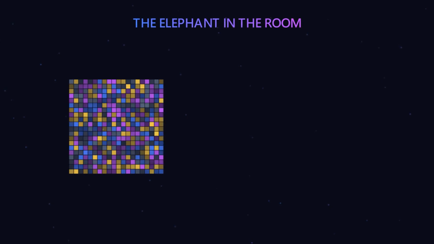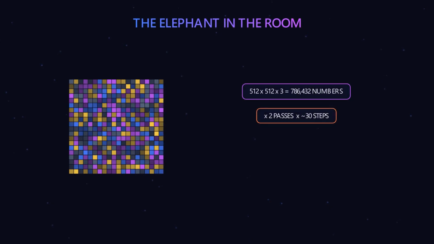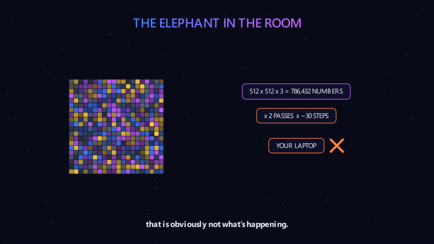Everything we've built so far, the score field, the 2 UNet passes, the subtraction, the stretch, happens once per denoising step, and a real generation runs anywhere from 20 to 50 of those steps. If every step operated directly on a full resolution image, say 512 by 512 pixels across 3 color channels, that's over 780,000 numbers getting pushed through 2 forward passes of a large neural network, dozens of times for a single picture.